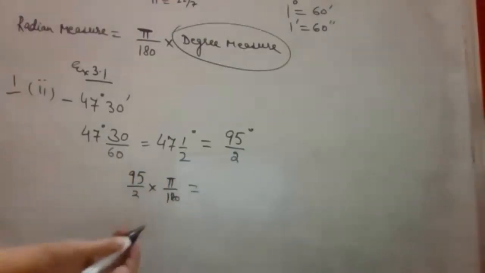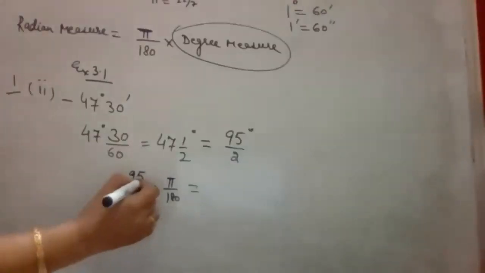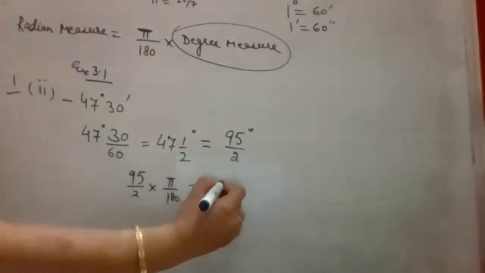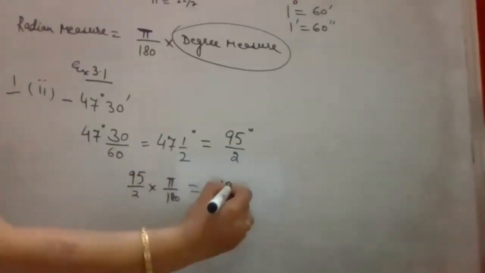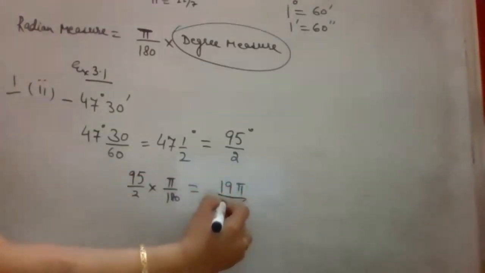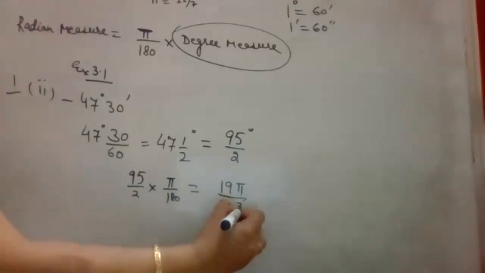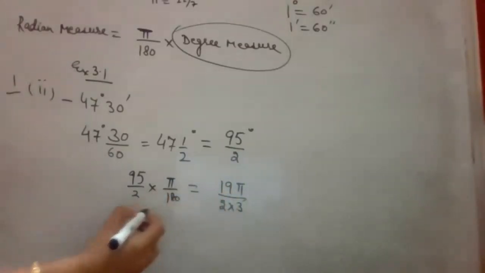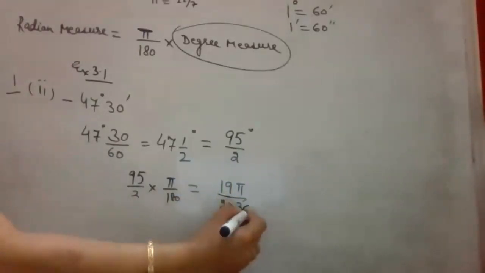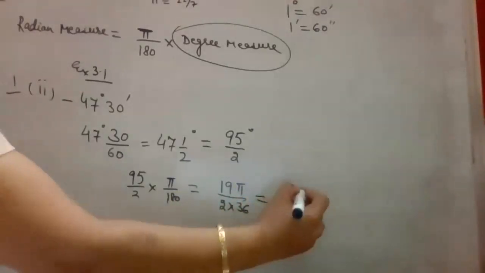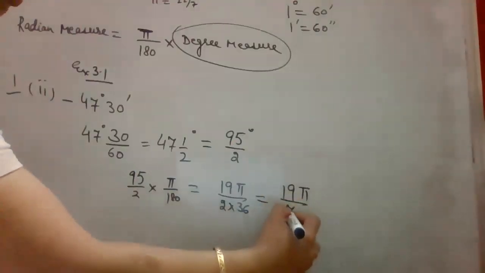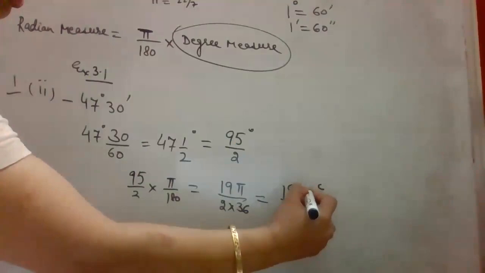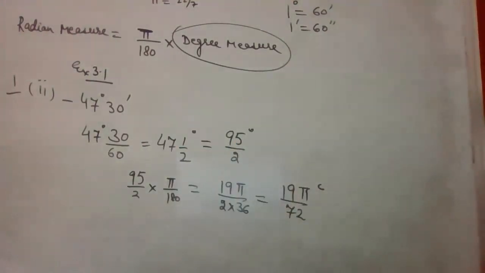Let us simplify. 5 ones are 5, 5 nines are, 2 into 5 threes are, and 5 6 are. So we have 19 pi by 72 radians. So this is the conversion in terms of radians.